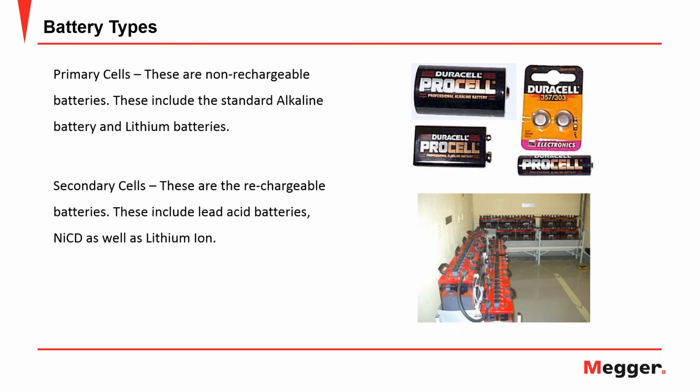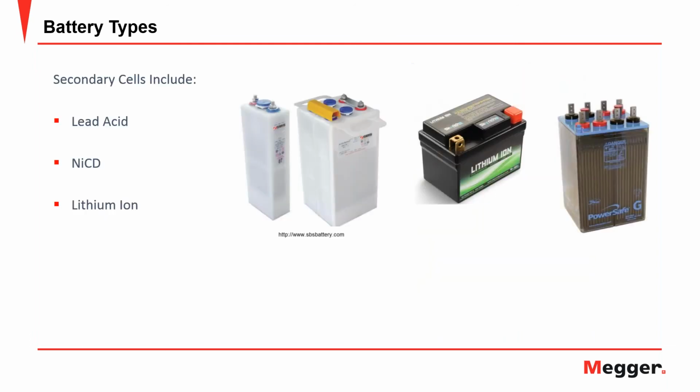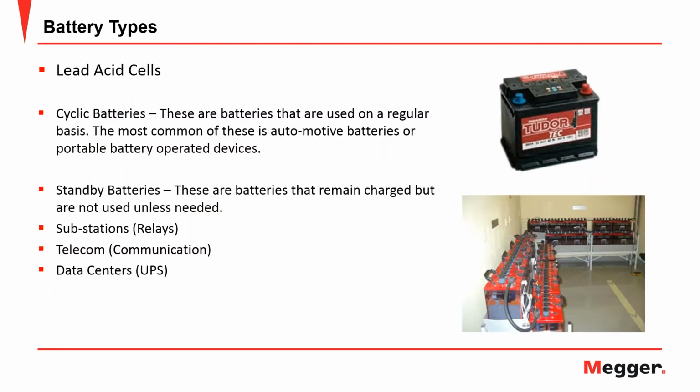Now, out of the secondary cells, we have lead acid, NiCad, and lithium ion that we're going to be talking about in this presentation. The lead acid cells, we can break them down into cyclic batteries and standby batteries. Cyclic batteries are basically the ones used in forklifts and all different types of applications where they're continuously cycling.